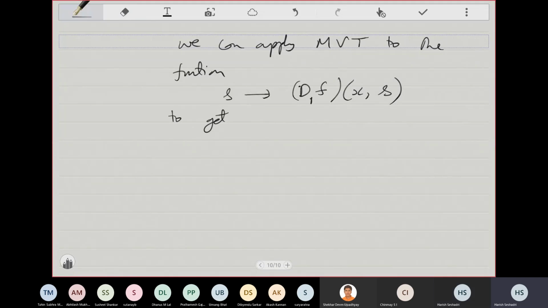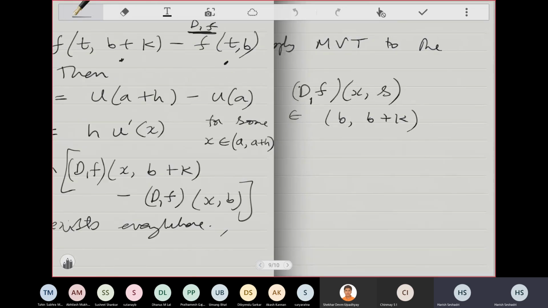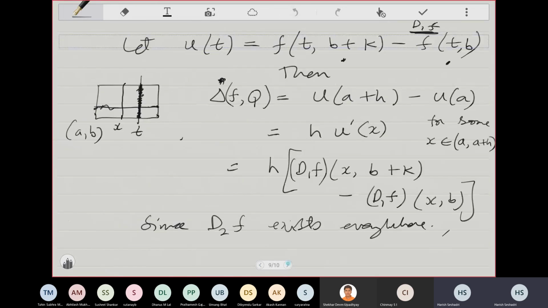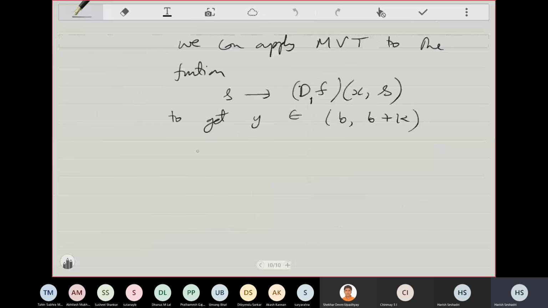To get y in between b and b plus k satisfying that this difference is equal to d2d1f at (x, y) multiplied by k.